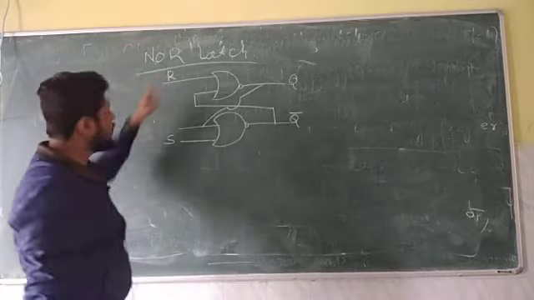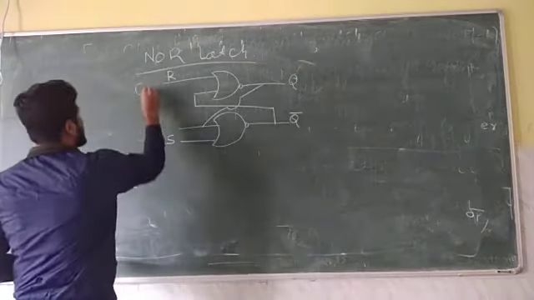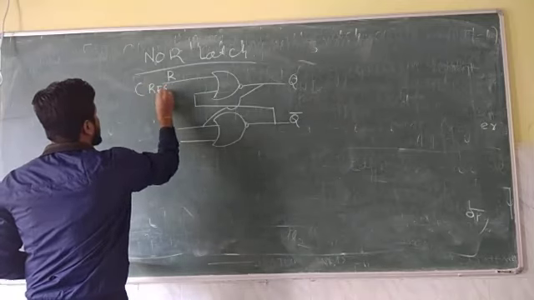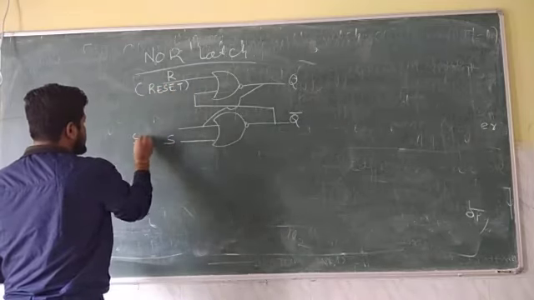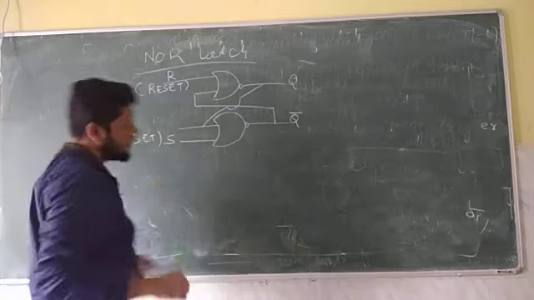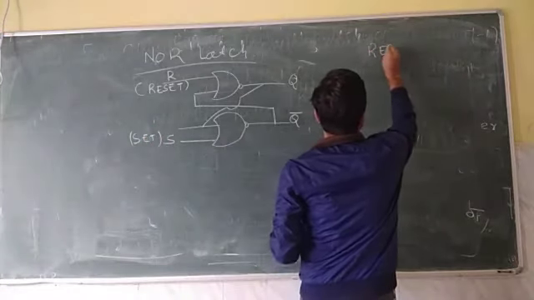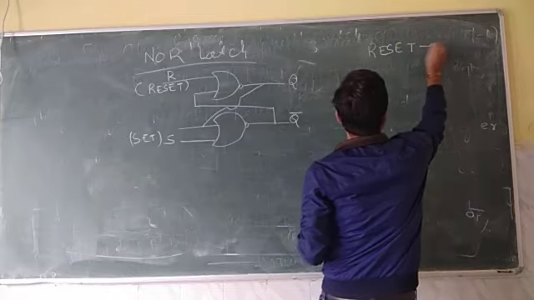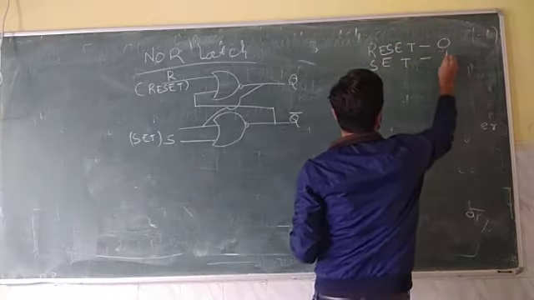So this R means reset. Always remember, R means reset and S means set. In digital, reset means 0 and set means 1.